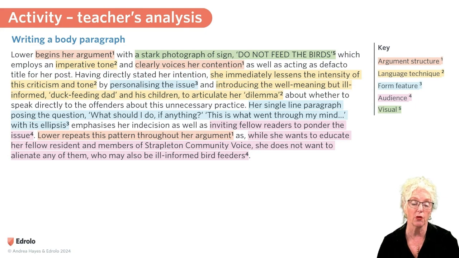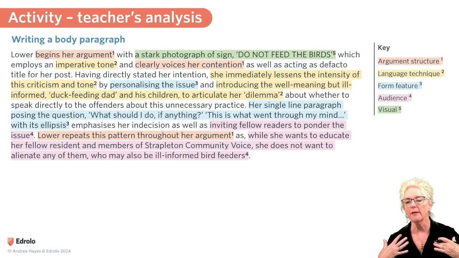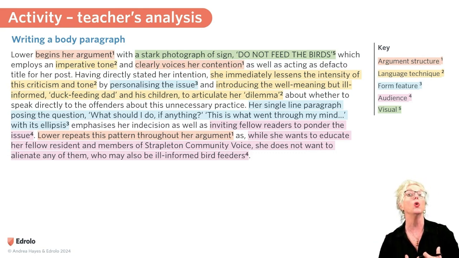Her single line paragraph posing the question, what should I do if anything? This is what went through my mind, with its ellipsis, emphasises her indecision, as well as inviting fellow readers to ponder the issue and perhaps reflect on their own. You could have talked about their own behaviour.